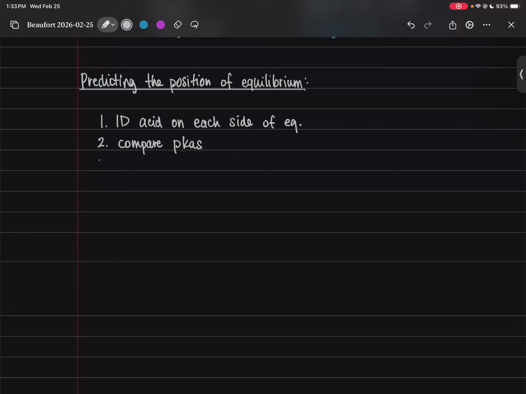And then here's the key for equilibrium. An equilibrium reaction just in general favors the lowest energy, most stable side, right? That's how it works here too. We're going to favor the side with the weaker acid, with the more stable acid.